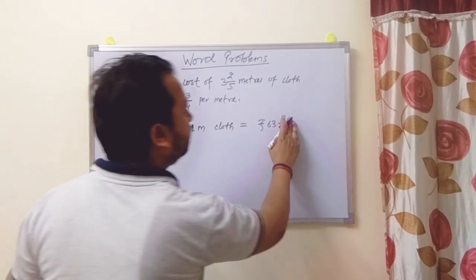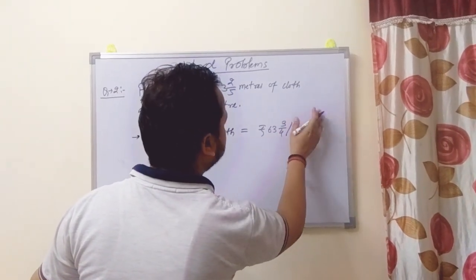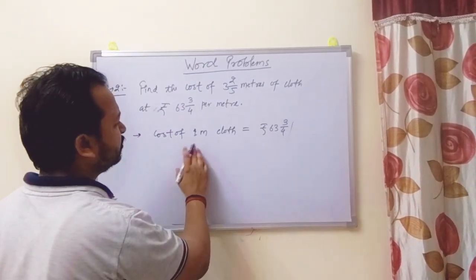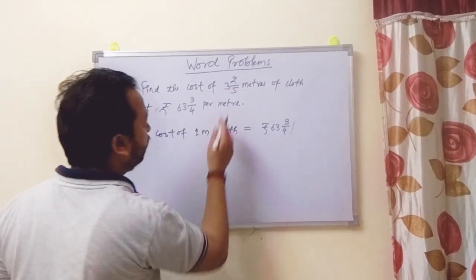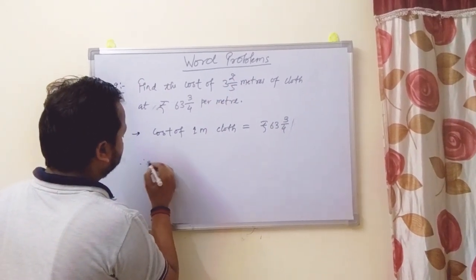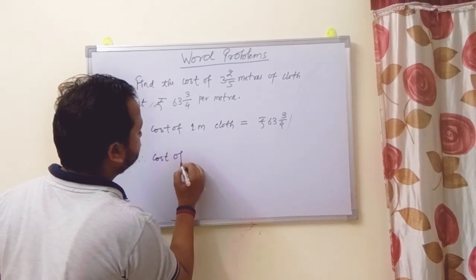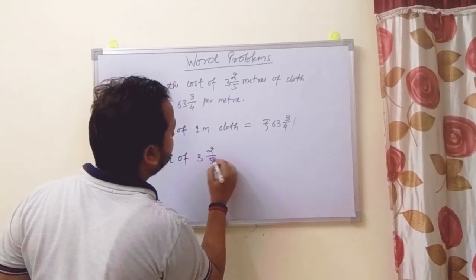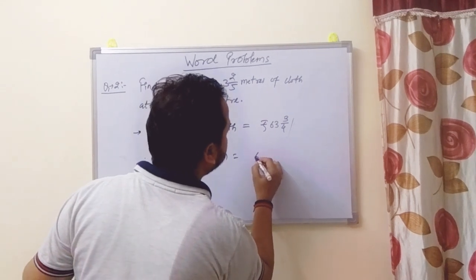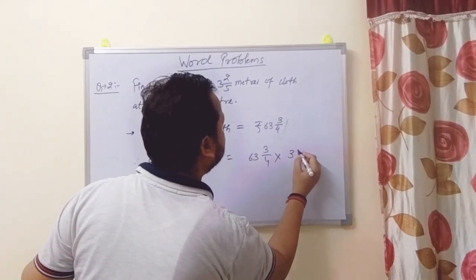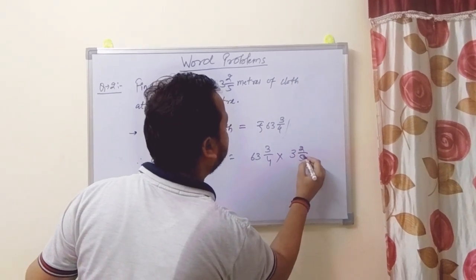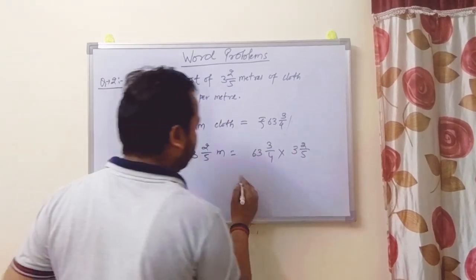right? Means per meter. You can say that cost of 1 meter cloth is given rupees 63 whole 3 by 4. So you have to find out. Therefore, cost of 3 whole 2 by 5 meter equals 63 whole 3 by 4 multiplied by 3 whole 2 by 5, right?